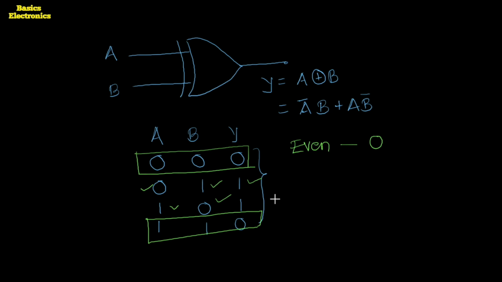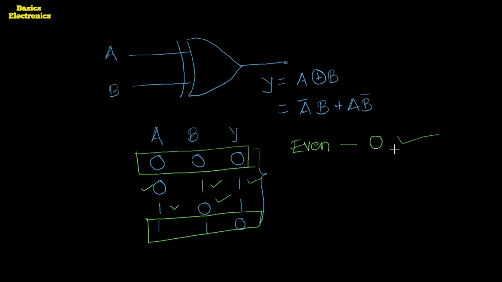See the last entry in the table, where A is 1 and B is 1. Both inputs are high, and 2 is an even number. That's why the XOR gate produces a logically low output.